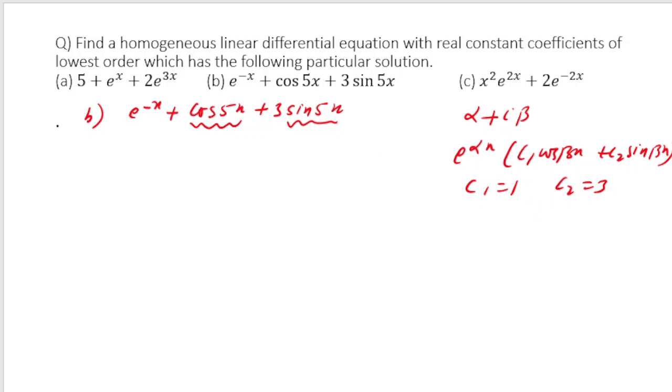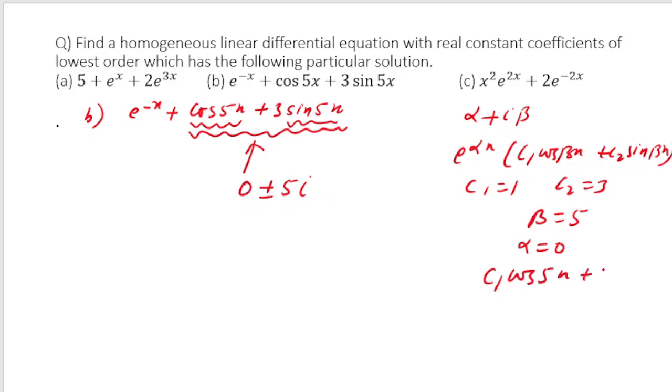If you compare, beta is coming to be 5, but there is no e to the power alpha term. So in that case, alpha should be equal to 0. So this part of the particular solution corresponds to the roots 0 plus minus 5i. So if the roots are 0 plus minus 5i, the general solution will be like c1 cos 5x plus c2 sin 5x.